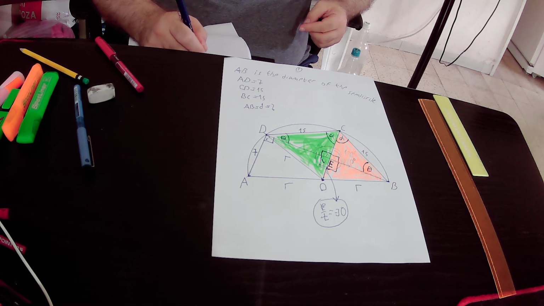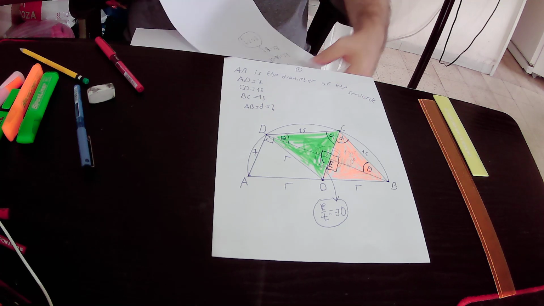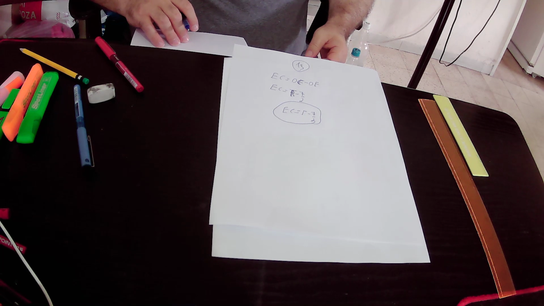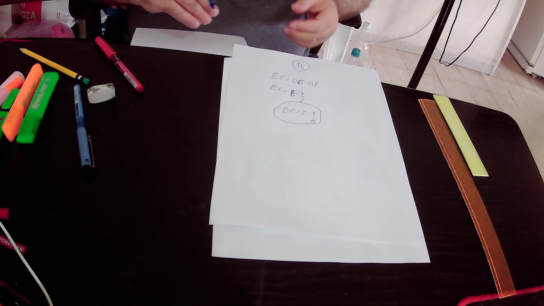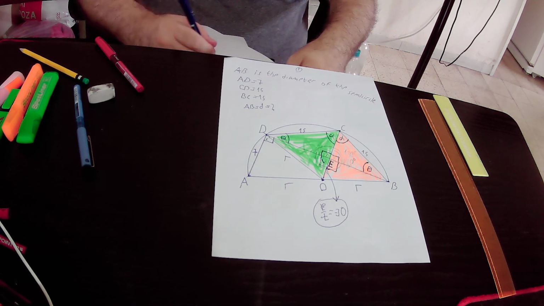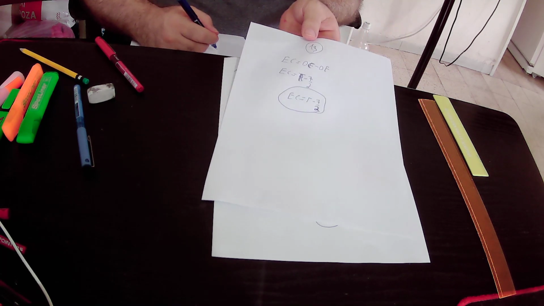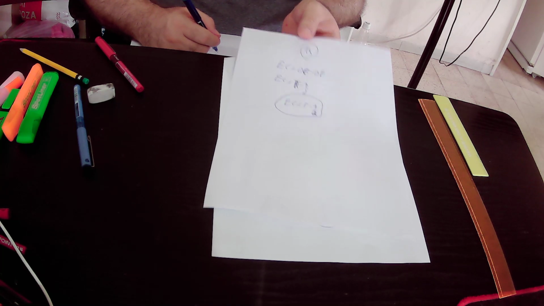So in total we found that EC equals R minus 7/2 units. Again, EC equals R minus 7/2 units.